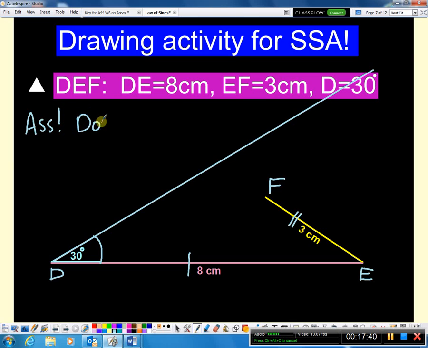Sometimes what happens in donkey case 2 is that there is no triangle possible. The angle measure and the sides that you're given just simply can't even come together to form a triangle.